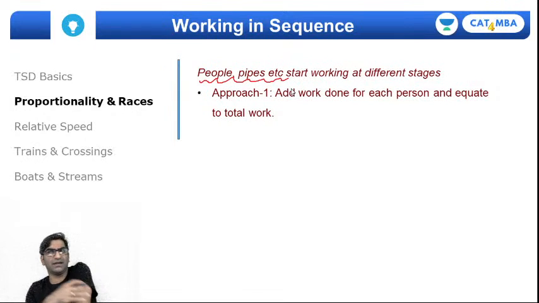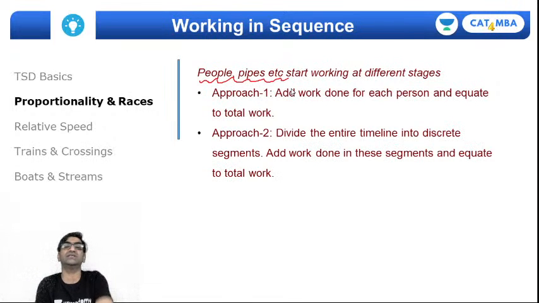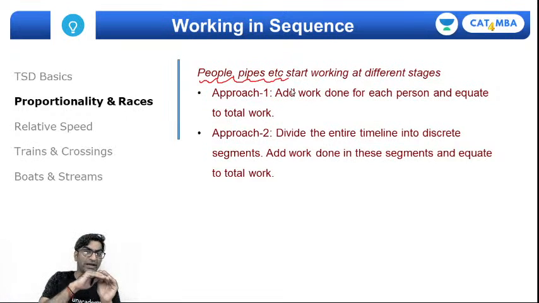But instead of working with individuals, what you can also do is divide the entire timeline and say, okay, from this time to this time, these are the people who work. From this time to this time, this is another set of people that works. So every time you can identify for a fixed duration who works.